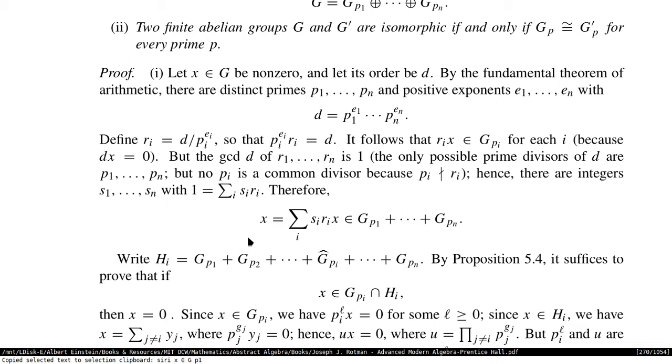Right, yeah. Now what you do is you write all the summation of all these p primary components. You write that as hi, but cleverly enough, you pull out one of the primary components, that is gpi. You pull out that, you're left with hi. So this is hi.